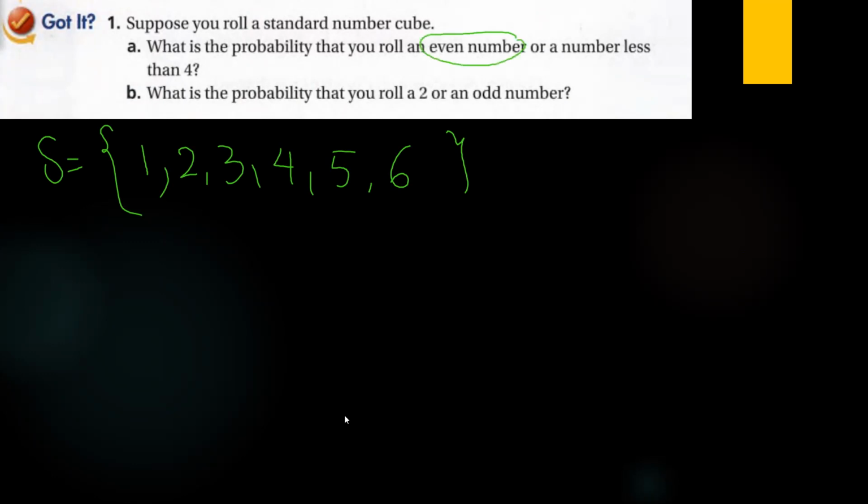As we know, it will be 1, 2, 3, 4, 5, and 6. Then, what is the probability that you roll an even number or a number less than 4?